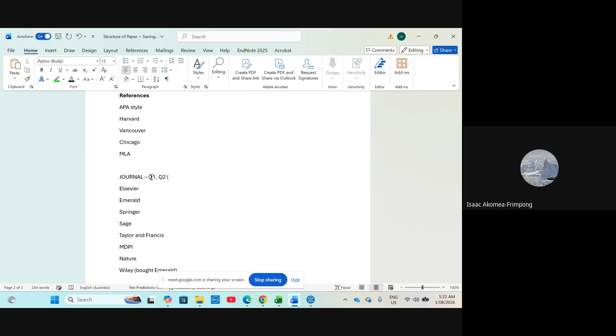But within the business and finance setting, especially business and management, we have the ABDC and all the ABS and all that. ABDC is from Australia, the Australian Business Deans Council, something like that. And then ABS is also a well-known ranking.